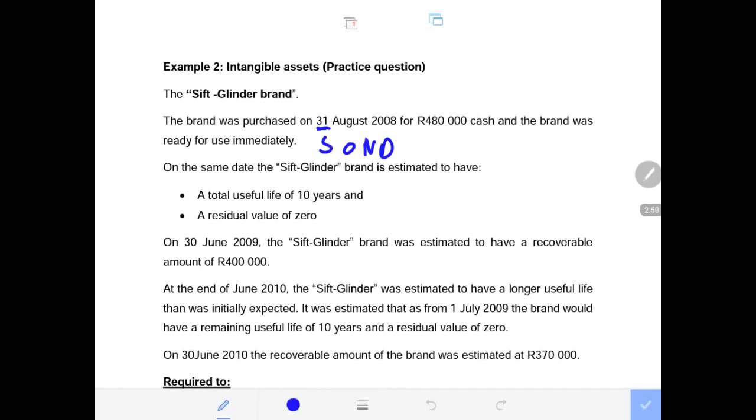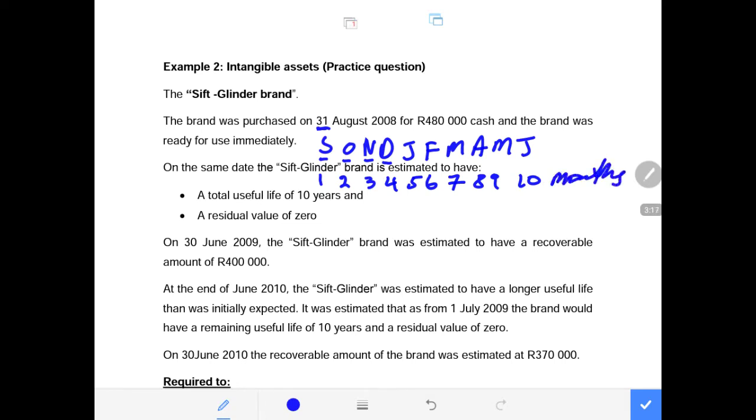So now that means we have to calculate the amortization from September, October, November, December, January, February, March, April, May, June. So that will be 1, 2, 3, 4, 5, 6, 7, 8, 9, 10. That means in the first year, we are going to calculate amortization for 10 months, in other words.